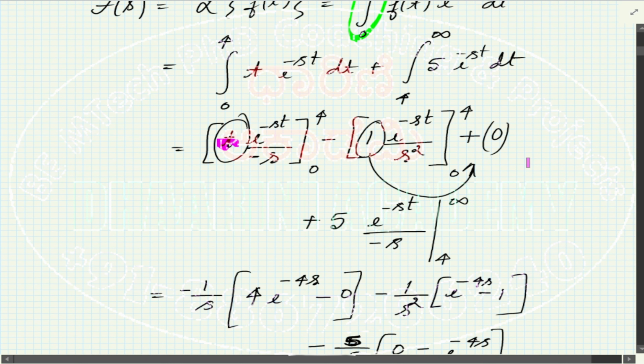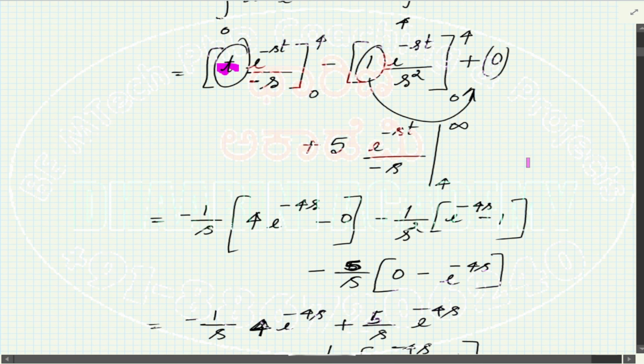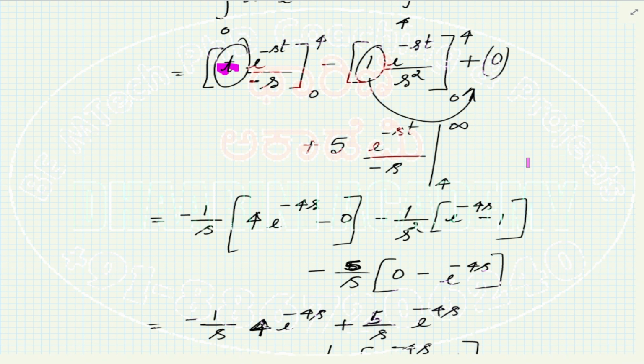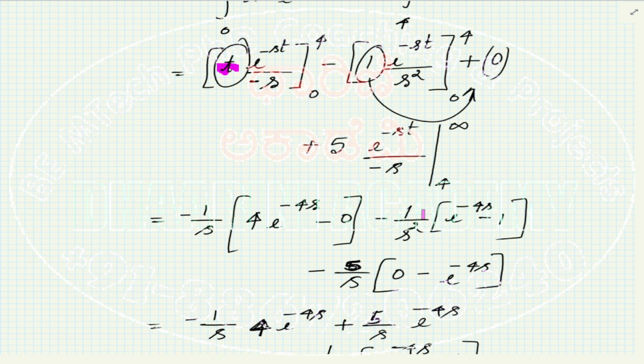This step is over. All right. So now let's substitute. The upper limit is 4, lower limit is 0. When you put t is 4, this becomes 4 into e to the power minus 4s minus, when t is 0, it is 0. That's the first bracket over here. And the next one, I take 1 by s square outside, put 4 once again, it is e to the power minus 4s minus, whenever e to the 0, it is 1.